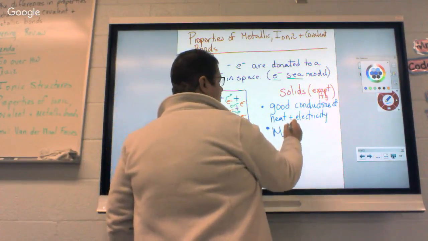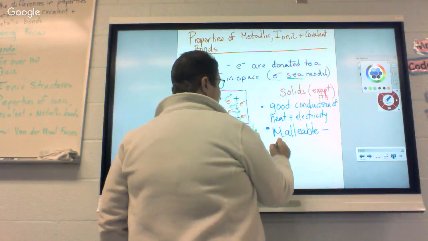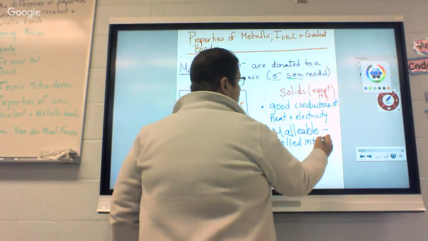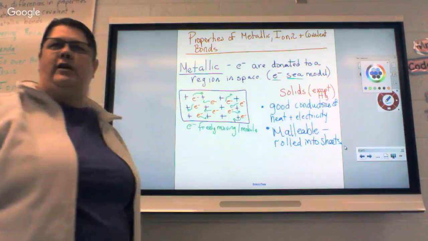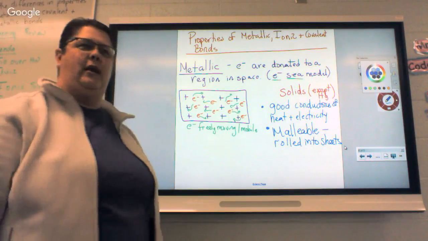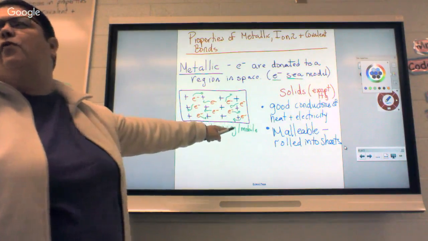They are malleable. They can be rolled into sheets. Why can metals be rolled into sheets? I can beat on them with a hammer all day long because what do those electrons do when I hit them? They move around.